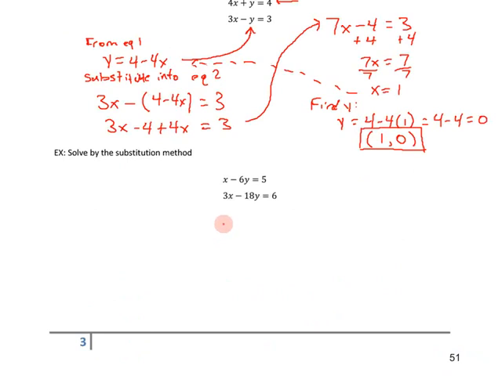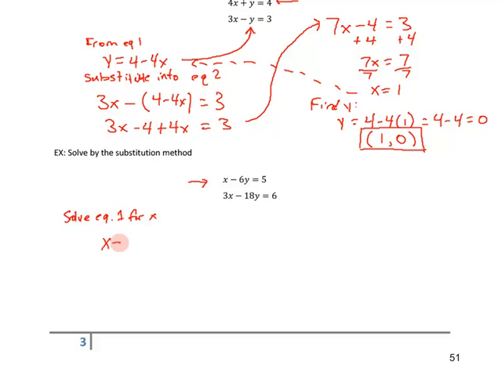Now let's look at this example, where again we're asked to solve by substitution. So this is the system we want to solve. Looking at this, my suggestion is that we solve the first equation for x, because that's the easiest one to solve for, as it has a coefficient of 1, right? So let's solve equation 1 for x.